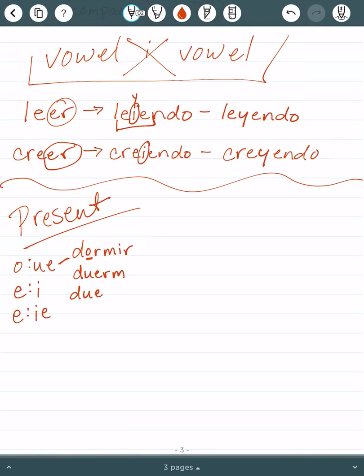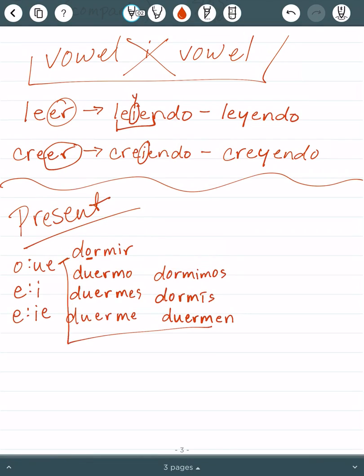So for these four conjugations, the three on the left and then the ustedes conjugation, we change that O to UE. Nosotros and vosotros go back to the O, and then we know our IR endings: o, es, e, imos, ís, en. And I'm going to remind you, it is also called a boot verb.